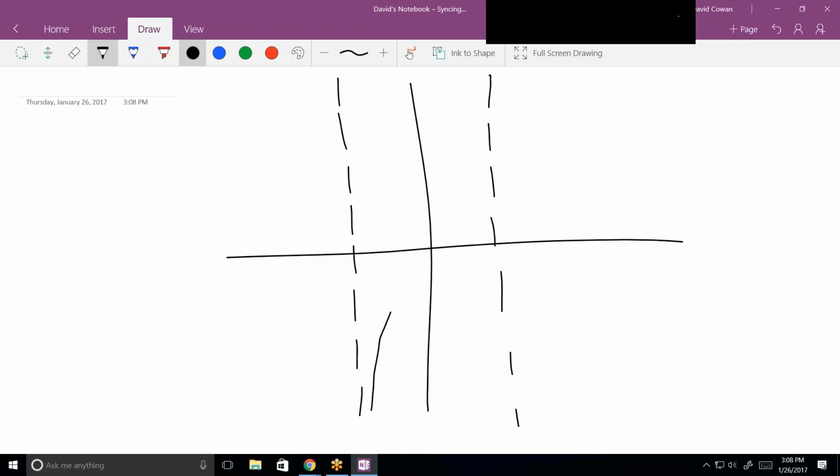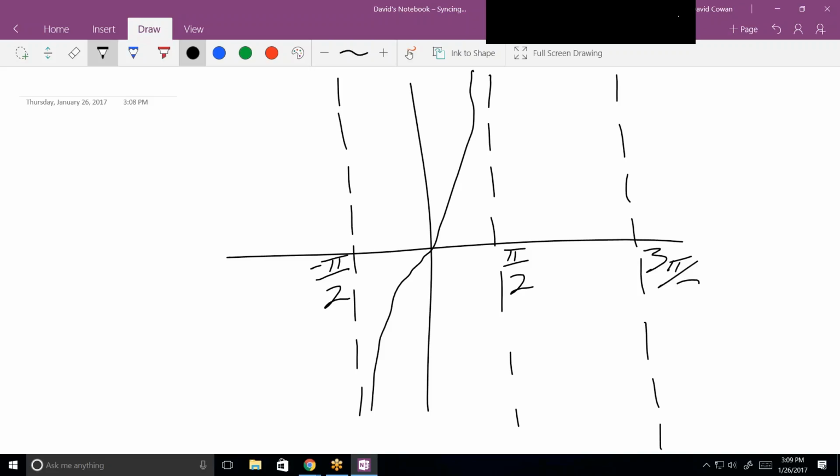The tangent curve looks like that, and these asymptotes occur at minus pi over 2 and pi over 2, and then every pi after that. So the next one occurs at 3 pi over 2. And it merely repeats. And you can see that the tangent of 0 is 0. All right. What else do you got?